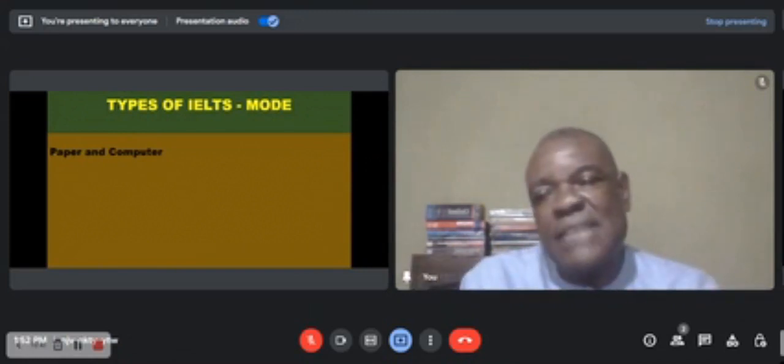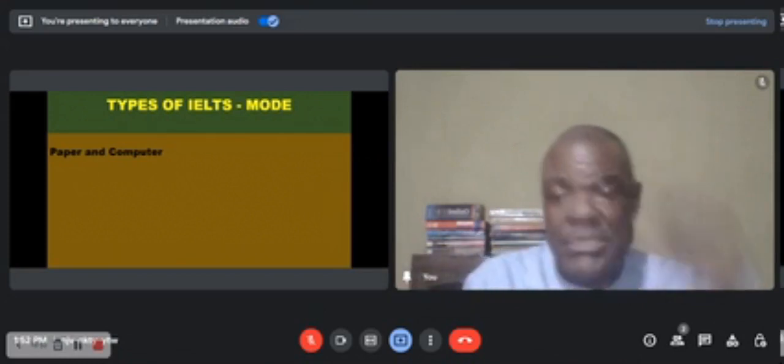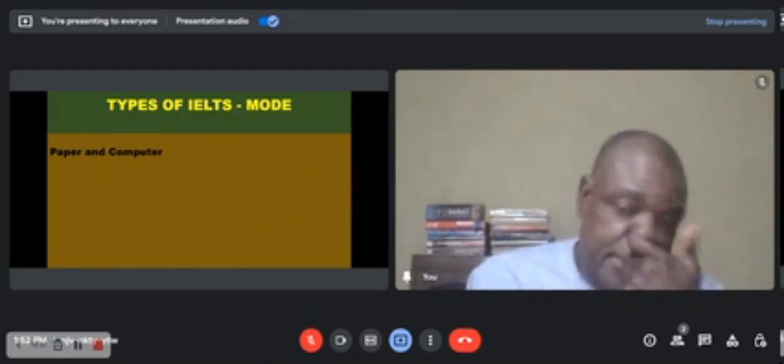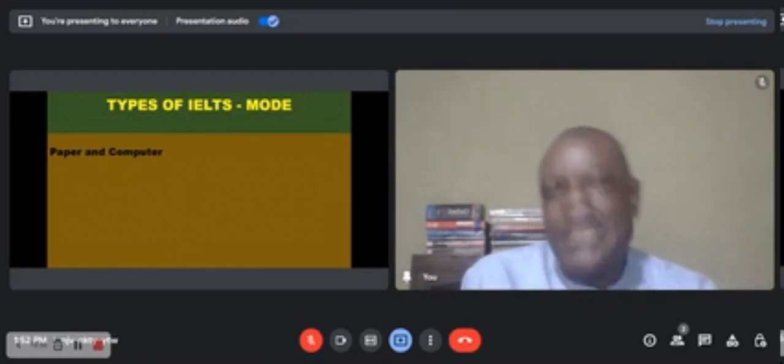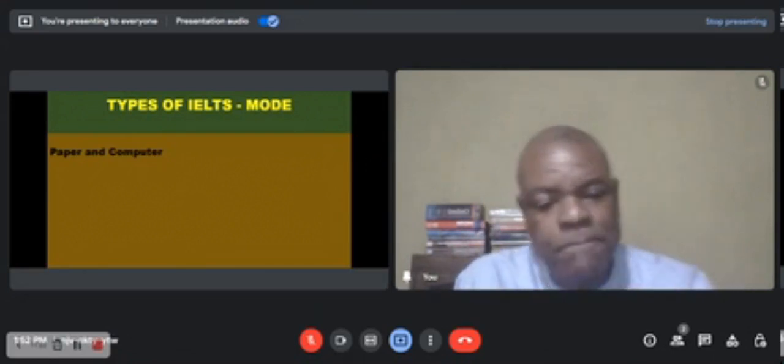This doesn't arise in the computer test because as the questions appear on your screen, you are expected to type your answers directly into your computer system. So there are some differences like that, but the questions are the same, okay?